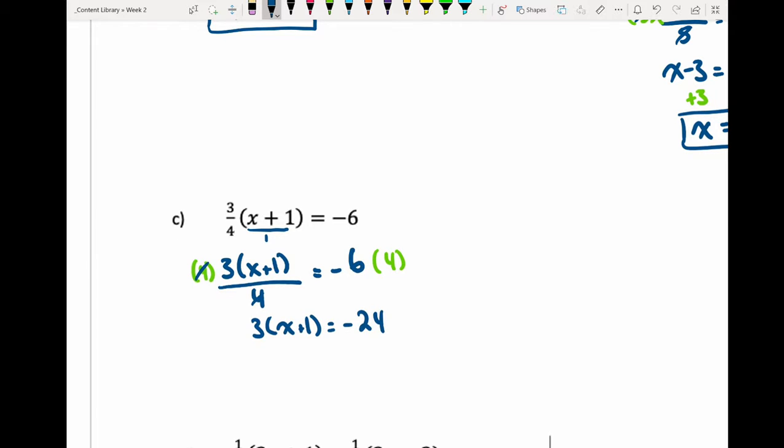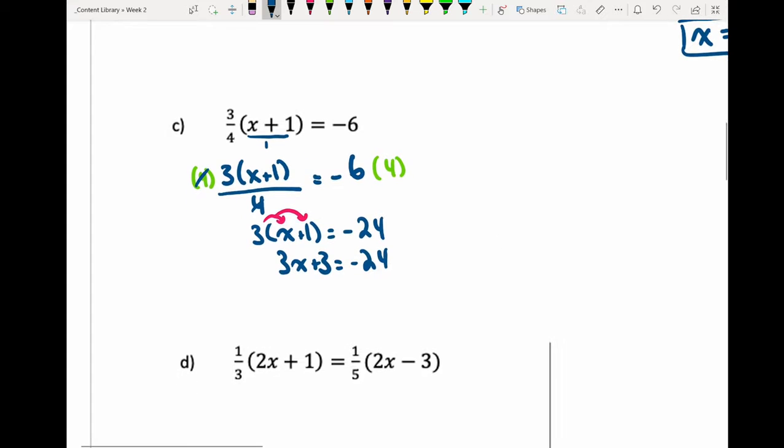And now I've gotten rid of my fraction. I do have a distributive property to take care of, which I should be comfortable doing from our last notes. So 3x plus 3 equals negative 24. Try to ignore example D. I know it looks scary, but we'll get to it in a second. I'm going to minus 3 from one side, minus 3 from the other.